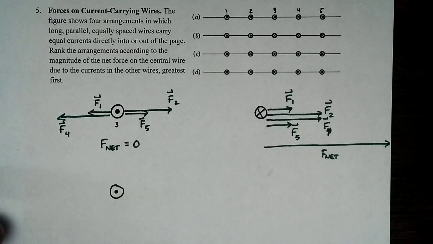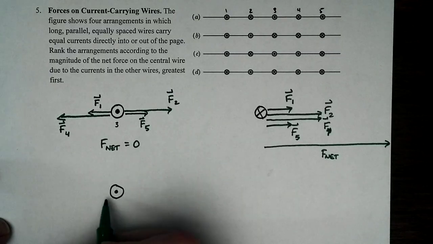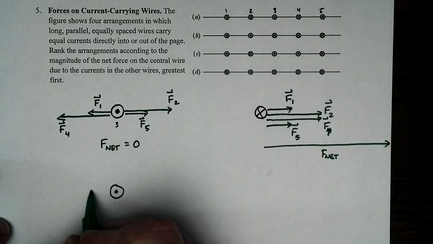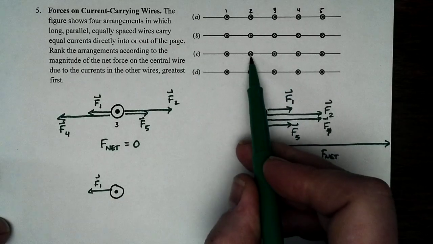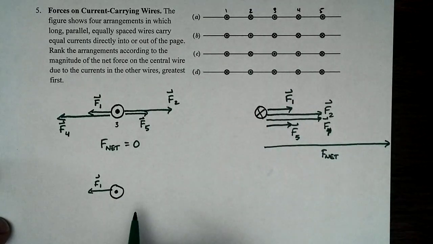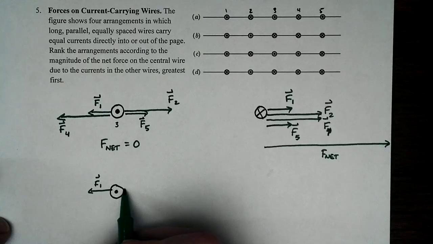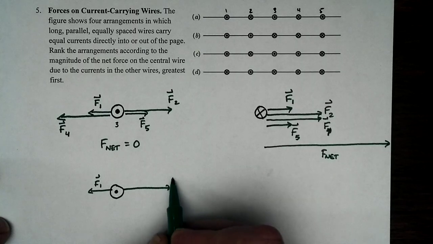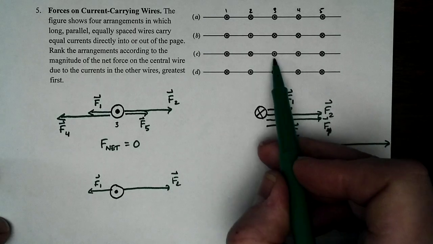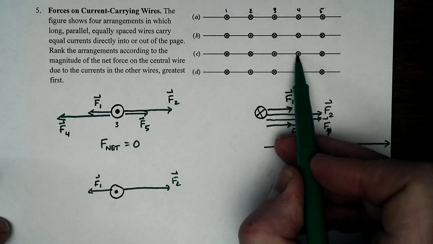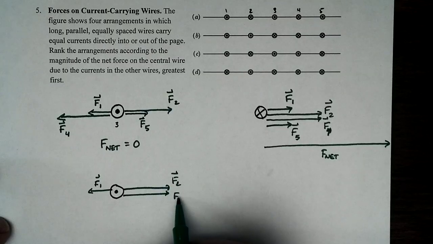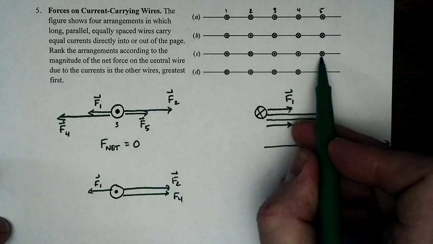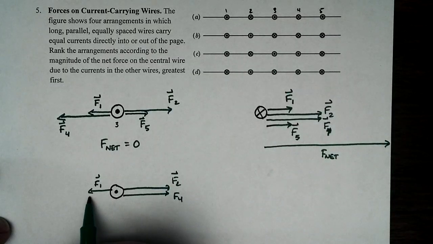So that's giving us an attractive force from wire 1, a repulsive force from wire 2, an attractive force from wire 4, and a repulsive force from wire 5.